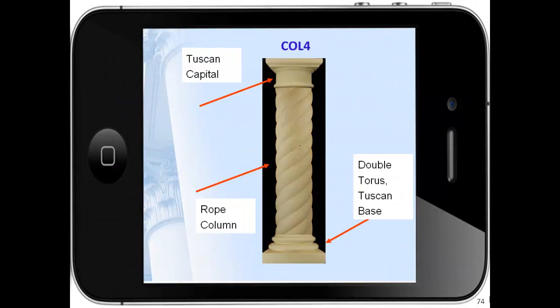Column 4, Tuscan capital, but it is a rope column or a rope shaft. It also comes with a double torus Tuscan base. Column 1 was the single torus. Column 2, the sectional, has a double torus base, and column 4 has a double torus base.